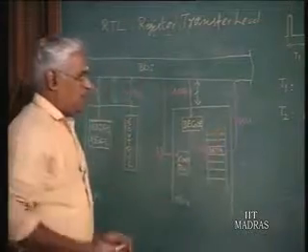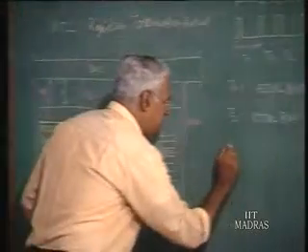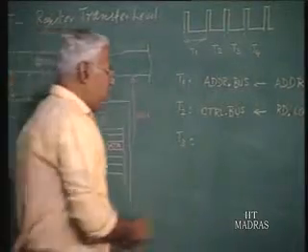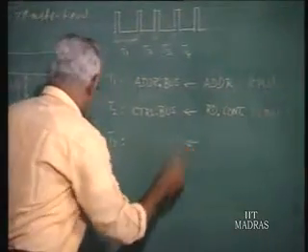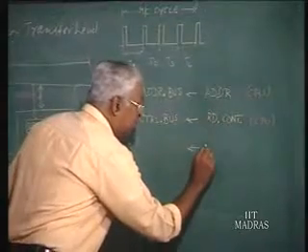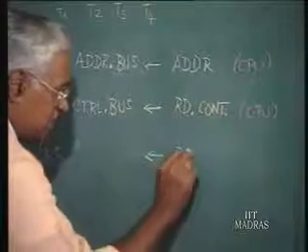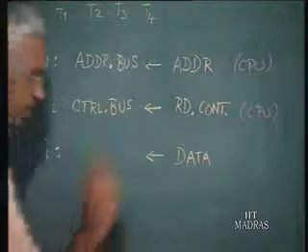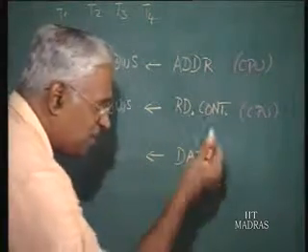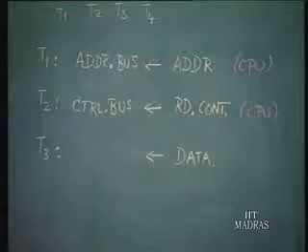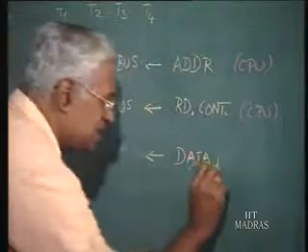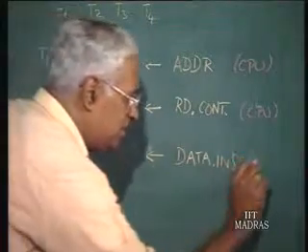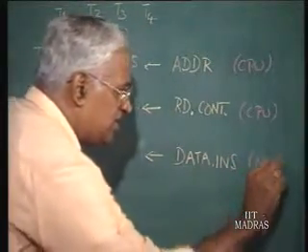So that's what we say by saying that during T3 the memory responds by placing the data. What exactly is this data? In our case it happens to be an instruction, and this is the content of memory.